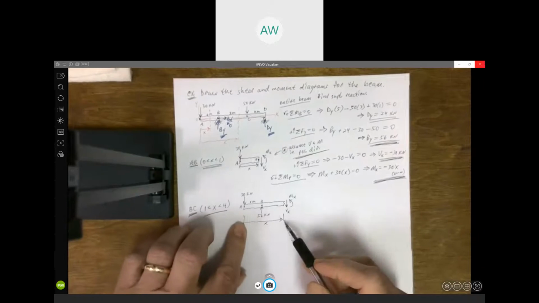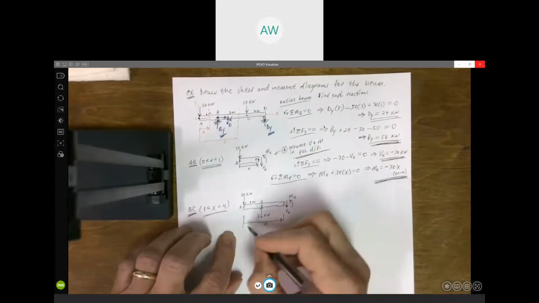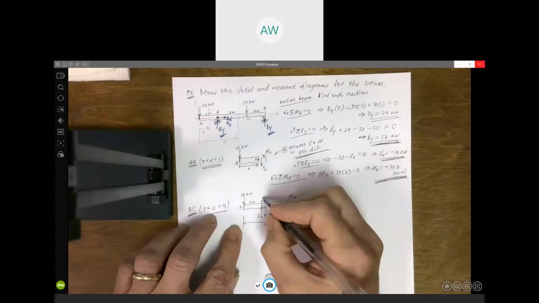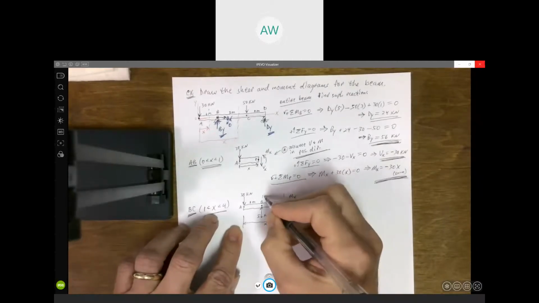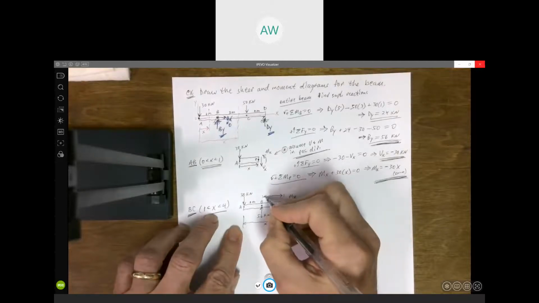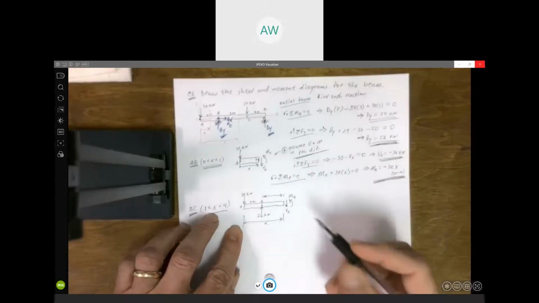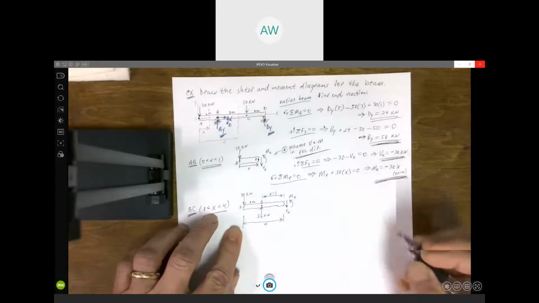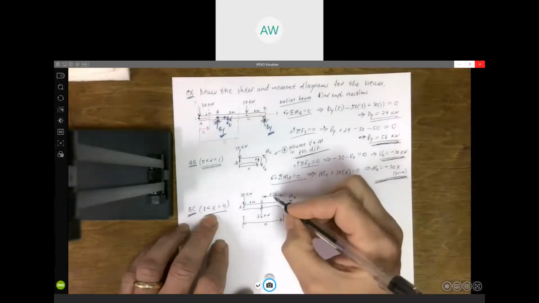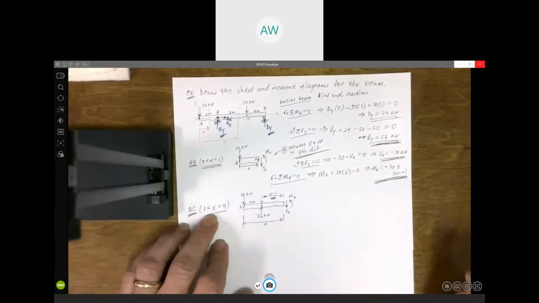And if this whole thing is x, so from A to where we cut it is x, then this distance from B to where we cut it, which we're going to need, you'll see in a minute, would be x minus 1. Right, everybody with me there? That's how I got that distance x minus 1.